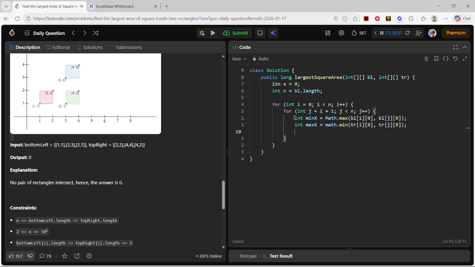So second, min y is Math.max of BL i 1 and BL j 1, and max y likewise with TR.